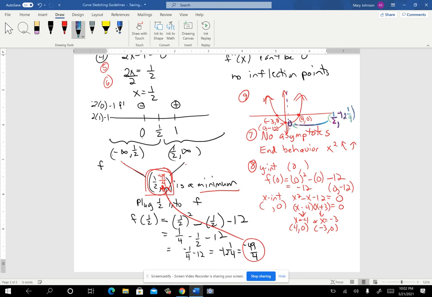So that's probably overkill for a parabola, because you already know a lot about parabolas. But if we take the intercepts, the max or min, and we think about increasing, decreasing, and concavity, we can get a pretty good sketch of just about anything. I'm going to work through some examples in my next videos.